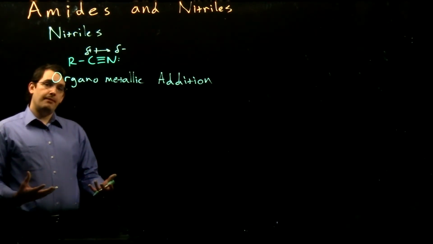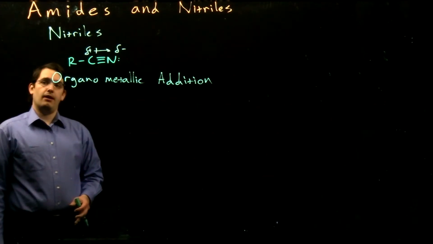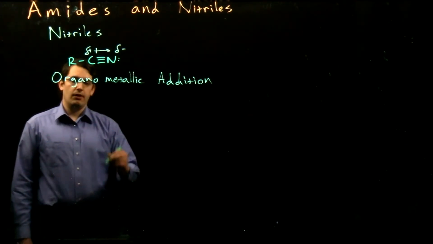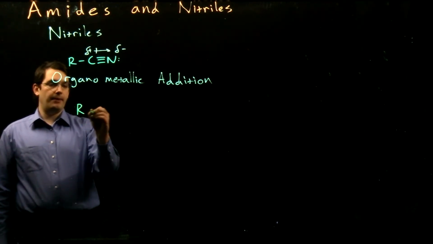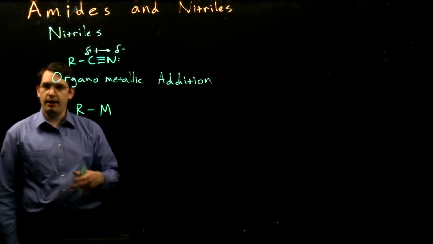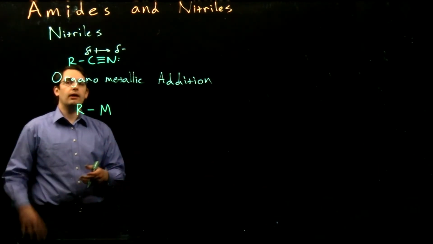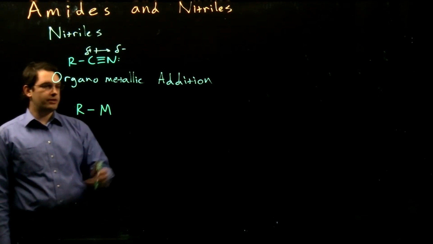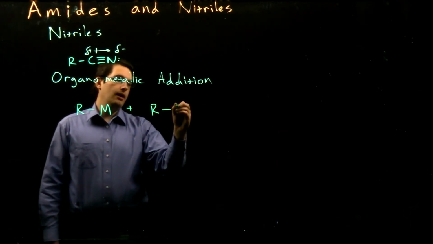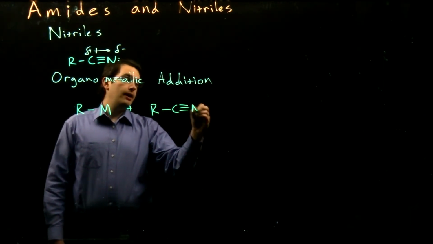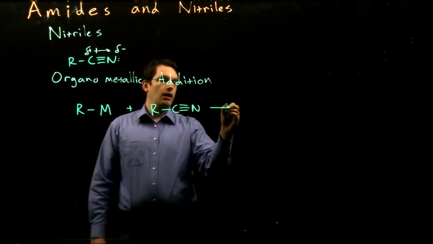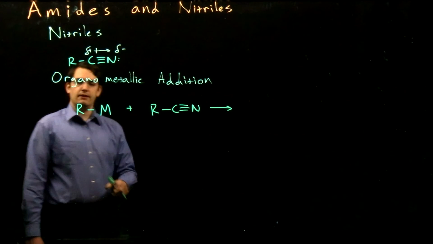Now, one of the other common addition reactions that we saw with our carbonyls is our organometallic addition. So if we take an organometallic compound, that would be our carbon chain connected to some metal, whether it's lithium or magnesium in our Grignard reagents, we would react that with our nitrile here in this case, and again, this is going to act as a nucleophile.